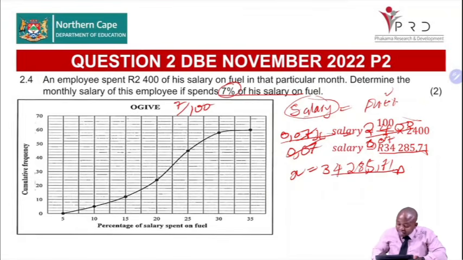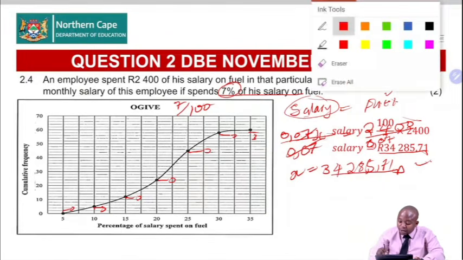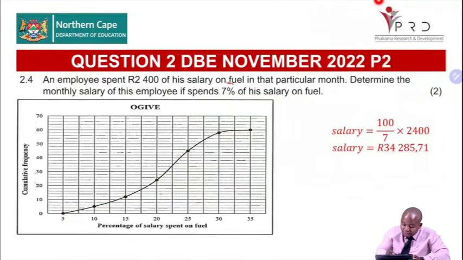If the fuel price increases and the salary remains the same, all of these data points are going to shift to the right, because the percentage of the fuel is no longer going to be 7, it is going to increase.